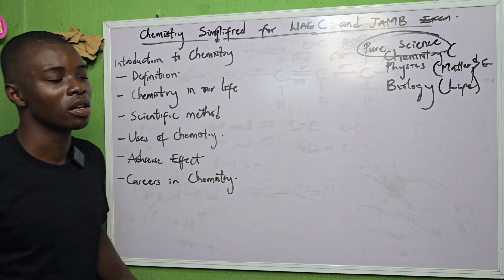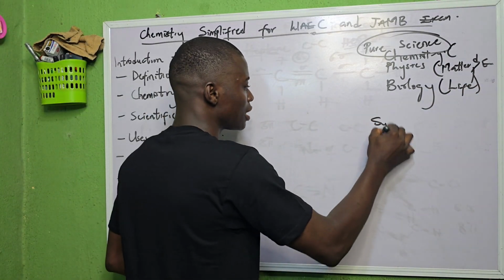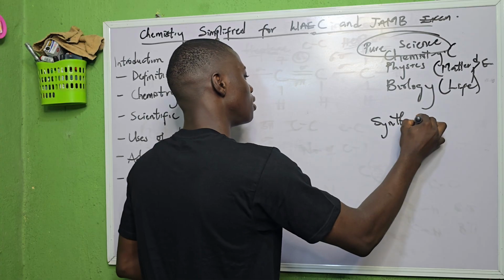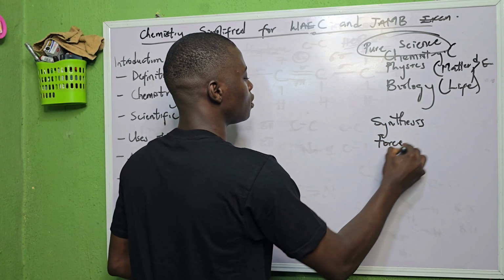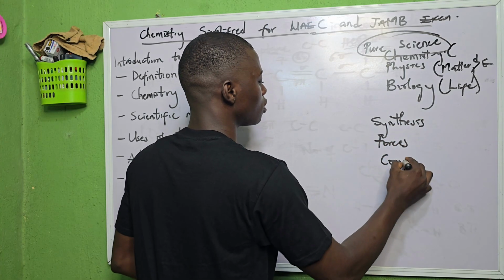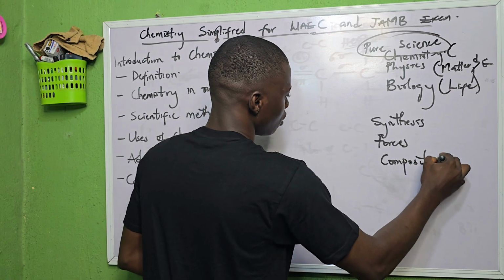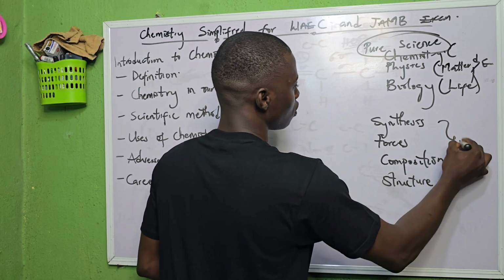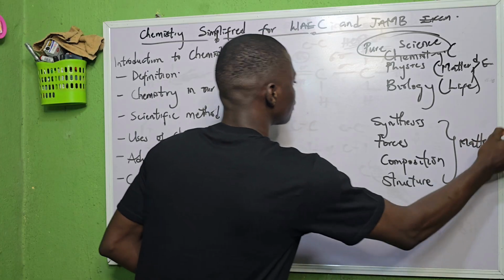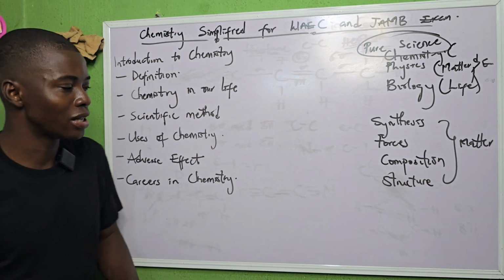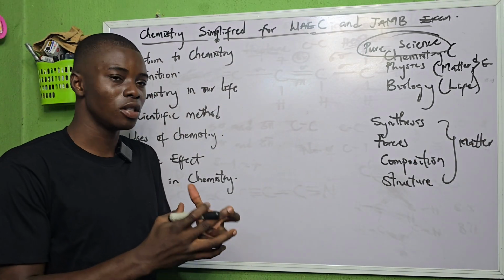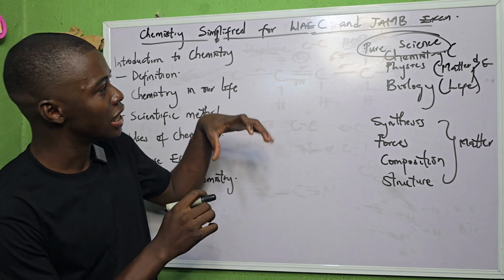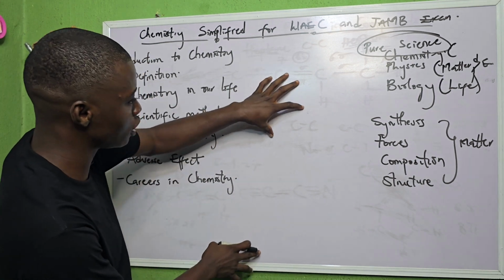While chemistry talks about the synthesis, the forces, the composition, and the structure of matter. So it talks about how matter is being formed, the forces that are holding this board together, because this board is matter.